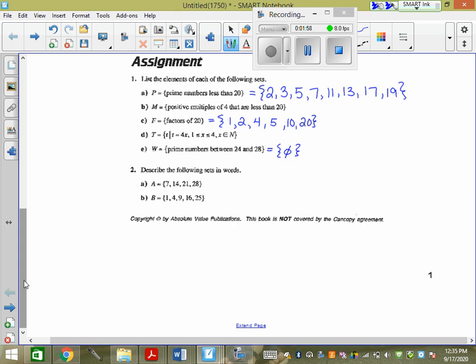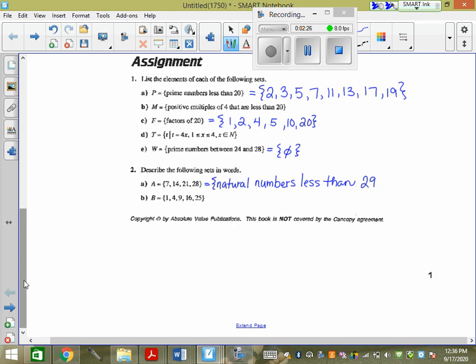So what we should say is natural numbers less than what? We could say 30, or we could say 29. We could say less than or equal to 28, right? I'm just lazy and don't want to write equal to.